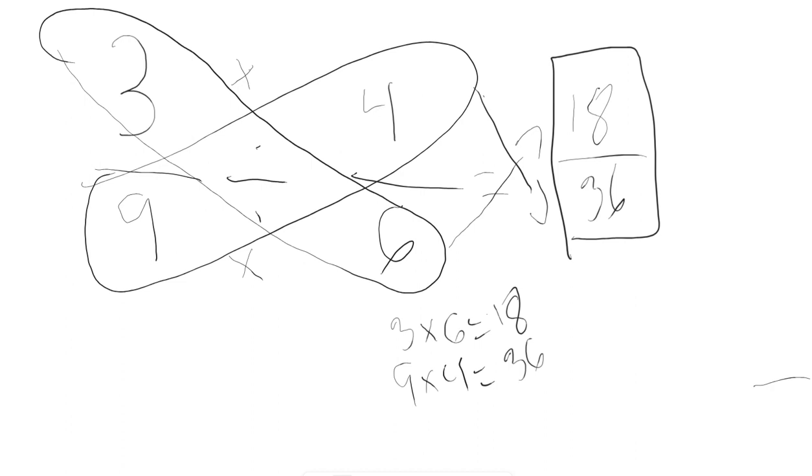But if the question asks you to go one step further and reduce it to its lowest form, to the lowest factors of the fraction, you would look at these two numbers and you would find a factor that goes into the numerator here and the denominator here, and the highest factor that goes into both of these numbers is 6. So you would divide 18 by 6, you're going to get 3. If you divide 36 by 6, you're going to get 6.